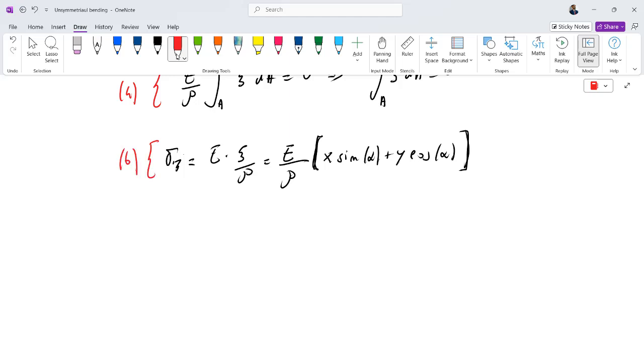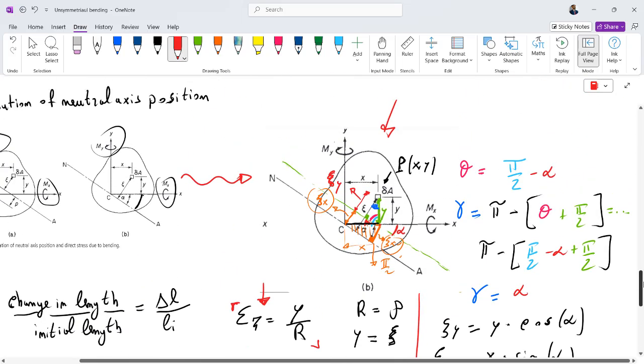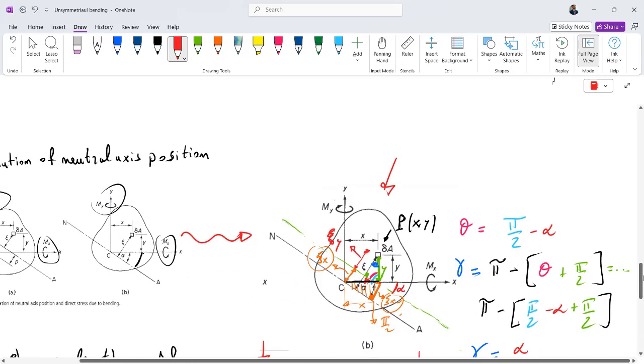Now, all the moments applied in this example are positive. So if you take a look at this equation, you see that Mx is positive and My is positive.